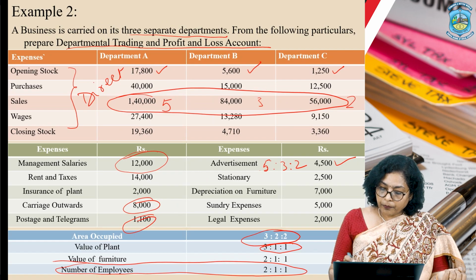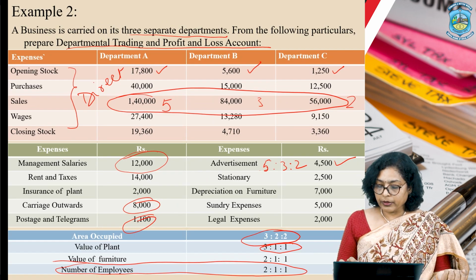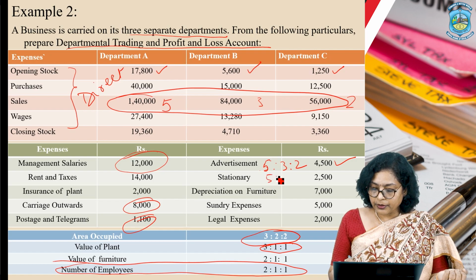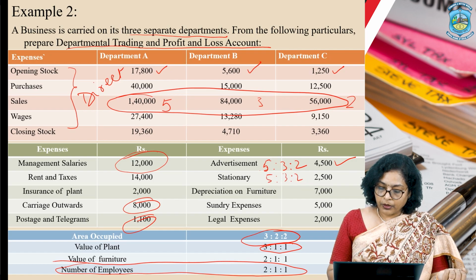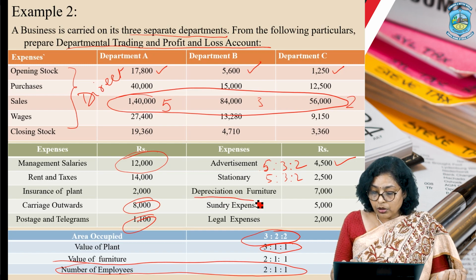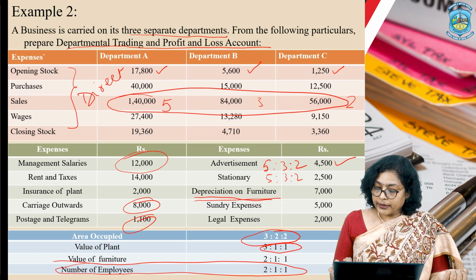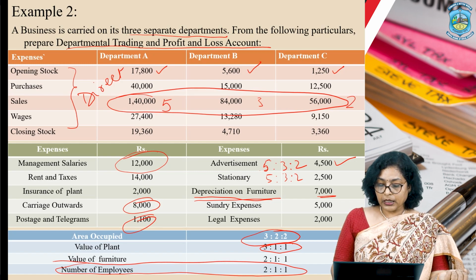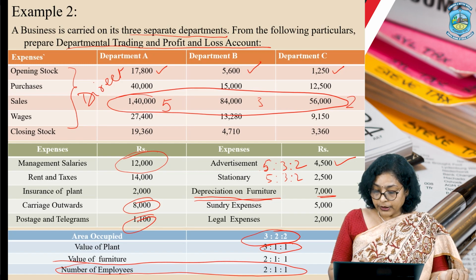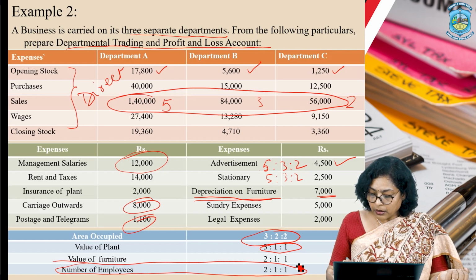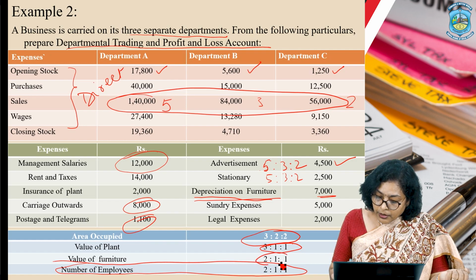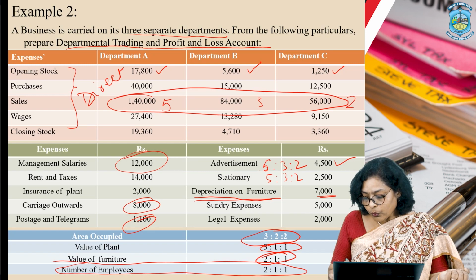Then stationery. Again there is no basis of allocation, so we will distribute on the basis of sales. Now depreciation on furniture. This is 7,000. So we will find whether there is any value of furniture given in the question according to department. Yes, it is 2:1:1.